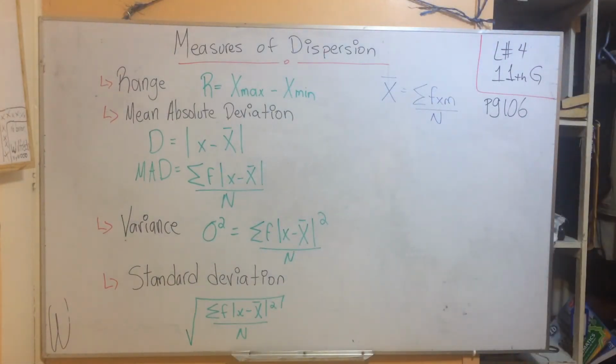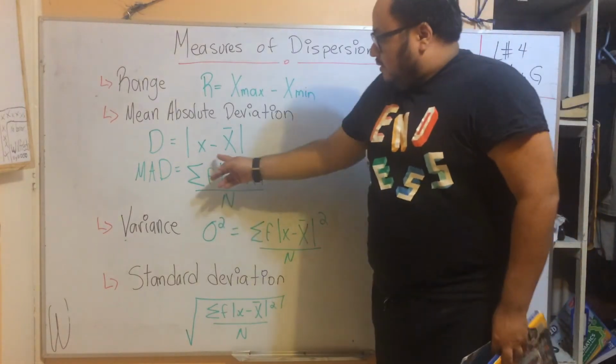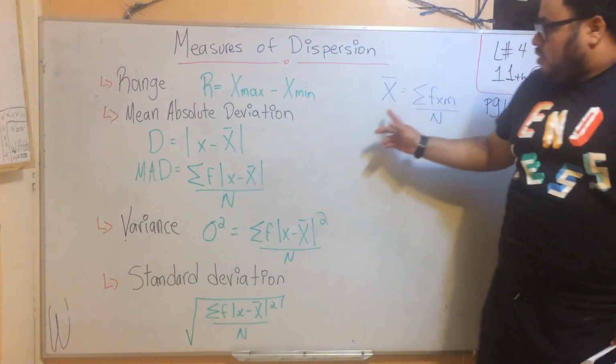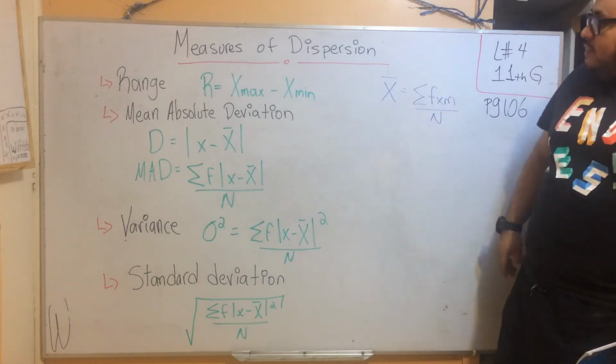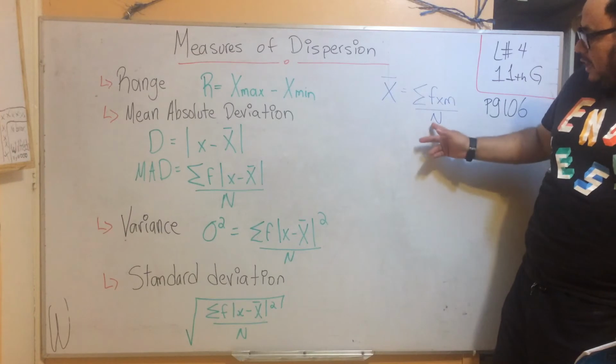Let's talk about mean absolute deviation. The absolute deviation of an individual value x from the mean is equal to the absolute value of the difference between the individual value in the data set and the mean. First we need to calculate the mean, which comes from here: the sum of the frequency with the class marks, divided by the number of data.